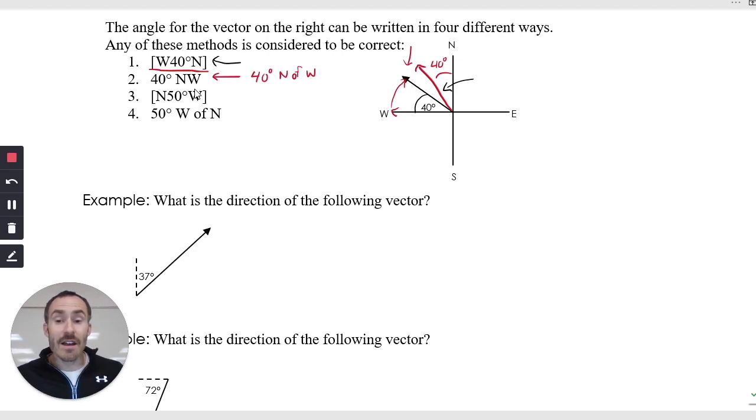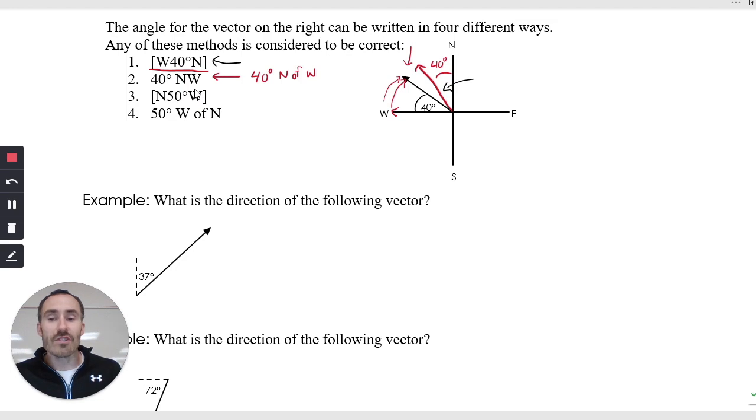And so it's easier to write, which is nice, but it's a little bit less clear. But if you know what you're talking about, you are welcome to use that one, okay? 40 degrees north of west. So we started west, we measured 40 degrees north of west, and that's where our vector landed, okay?